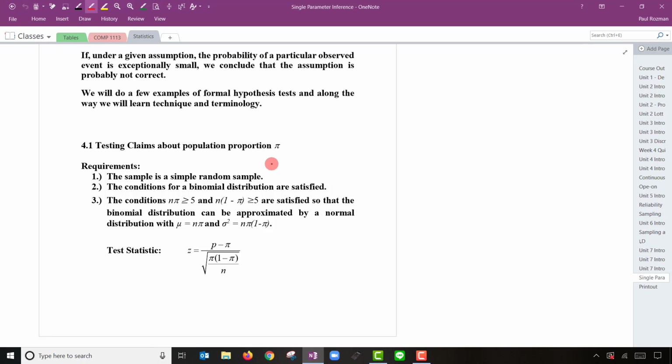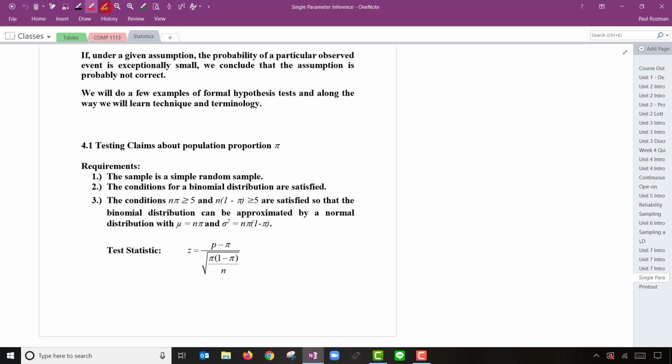So when we're talking about proportions, we have to make sure our sample sizes are large enough. And if they're large enough, we know that our binomial distribution essentially becomes the normal distribution. And then we can use our Z distribution when making probability decisions.